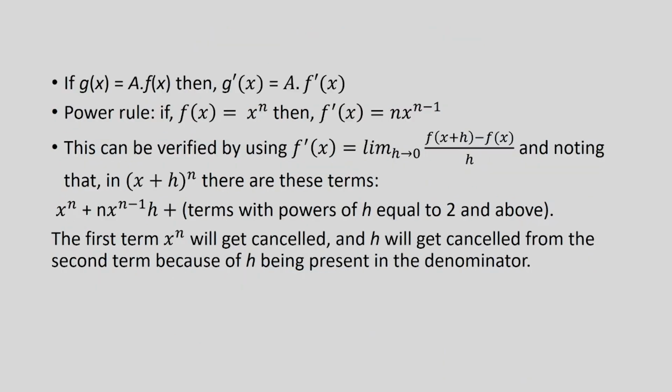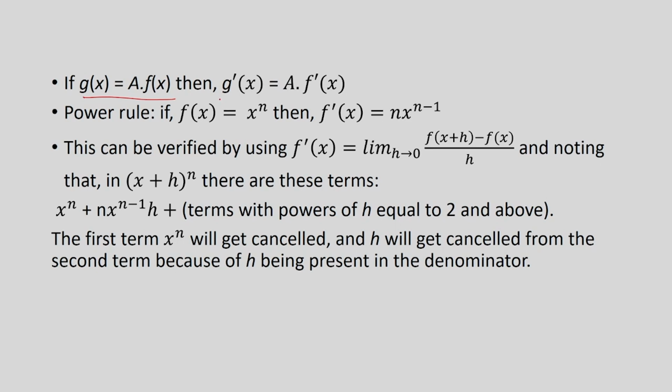Now let us take another function, which is a constant multiplied by a function of x. So, g of x is equal to capital A multiplied by f of x, where f of x is a function of x. Then what should be the formula for the derivative of g of x?